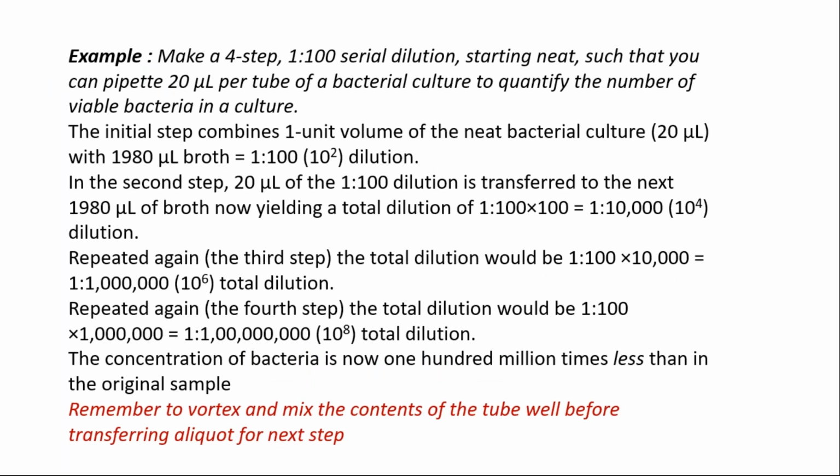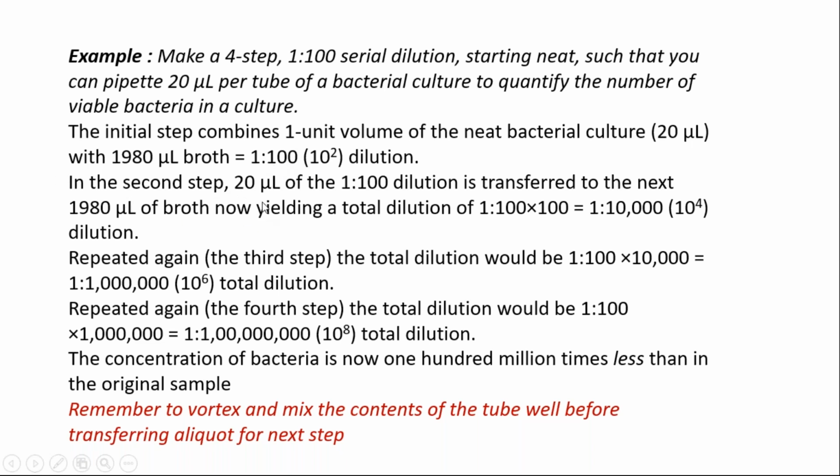So if you want to make a 4-step dilution, for a 1:100 dilution, and you want to start, this is very important, especially when you do bacterial culture dilutions. Here the initial step takes 1 unit volume of the neat bacterial culture, which is 20 microliters, with 1980 microliters of broth. So now what you get is 20 in 2000, which is a 1:100 dilution.